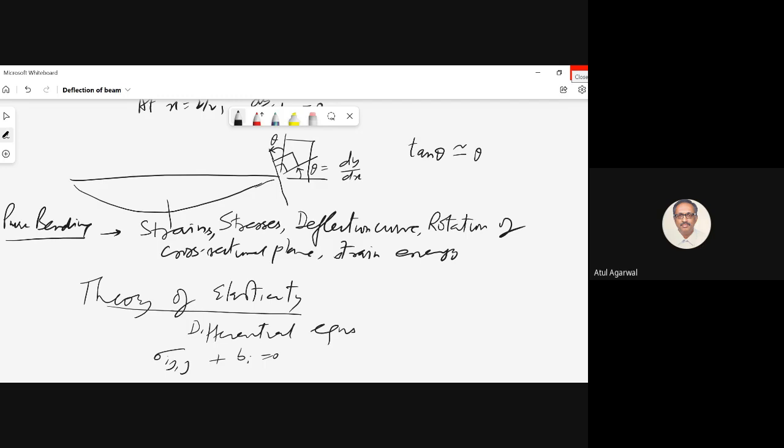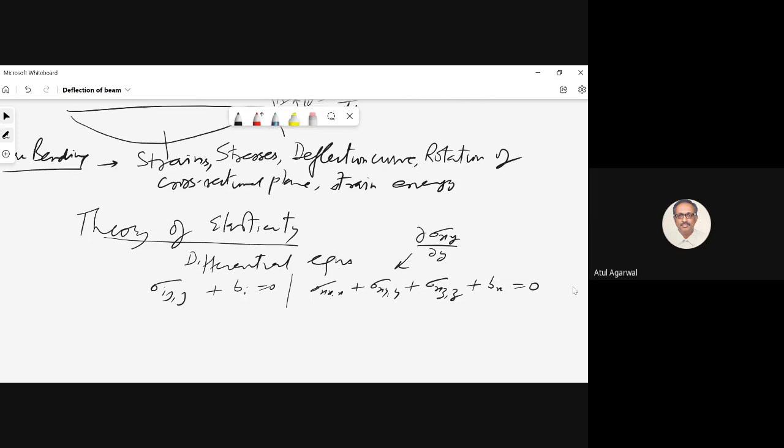So if you write it like this, sigma xx comma x plus sigma xy comma y plus sigma xz comma z plus body force in x direction is equal to 0 for equilibrium. Comma represents the derivative. So del sigma xx by del x. So basically your forces are coming from only derivatives of the stresses.